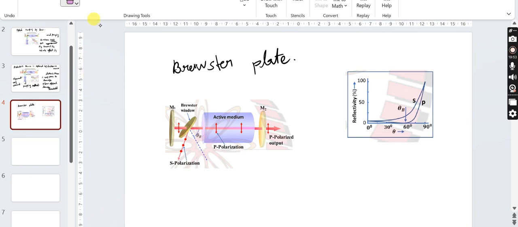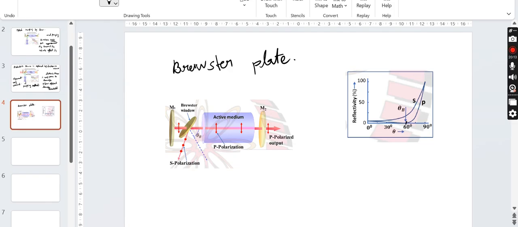So when we use a Brewster window, we also have a sustainable option for very long-time lasing action, because it doesn't get damaged so much. And also the other thing we are getting is polarized light.